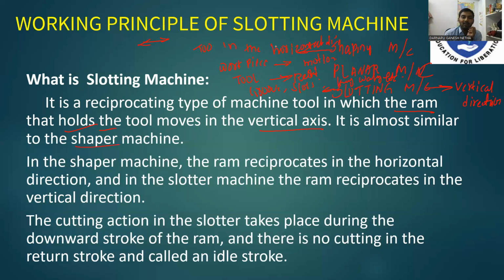In the shaping machine, the RAM reciprocates in the horizontal direction, and in the slotting machine, the RAM reciprocates in the vertical direction. The cutting action in the slotting machine takes place during the downward direction, and there is no cutting in the return stroke. The cutting action is the same as the shaping machine.